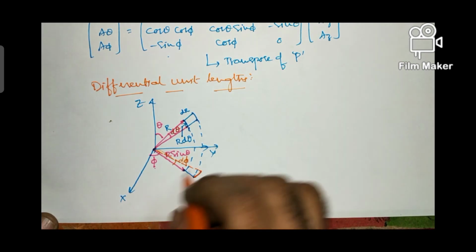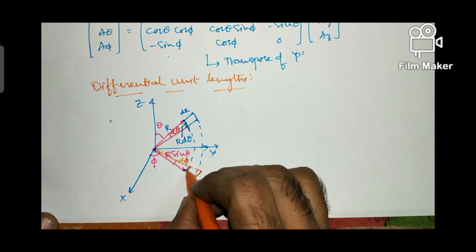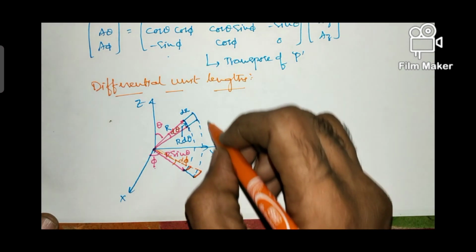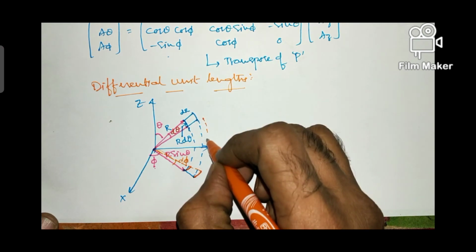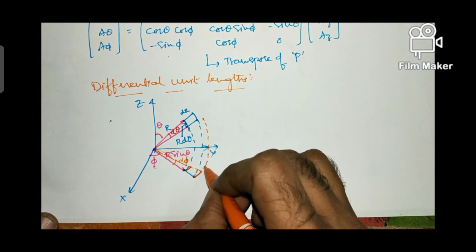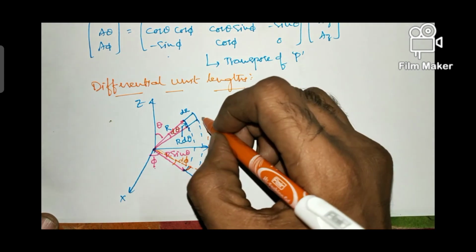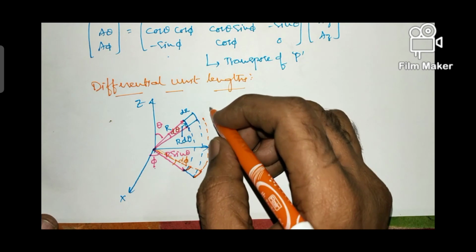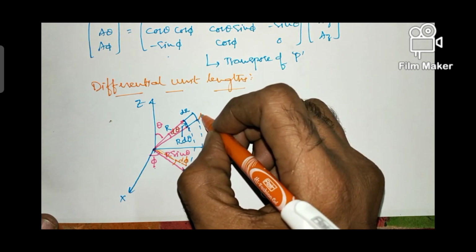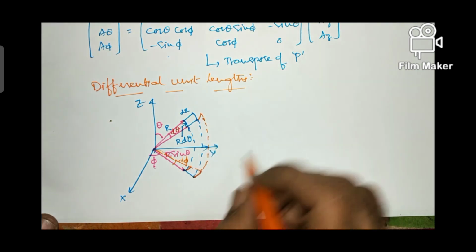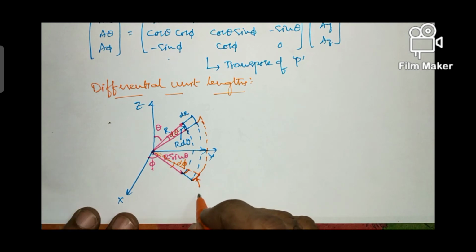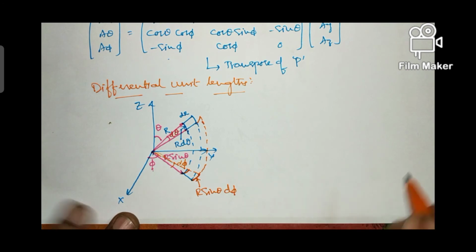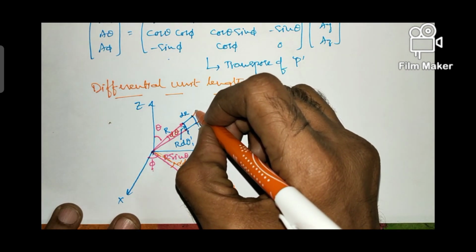And this arc length will be nothing but r sin theta multiplied by d phi. Here this is r sin theta d phi, which has been shown onto the main plane.